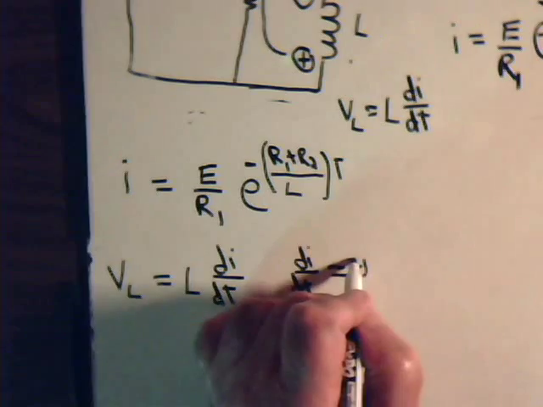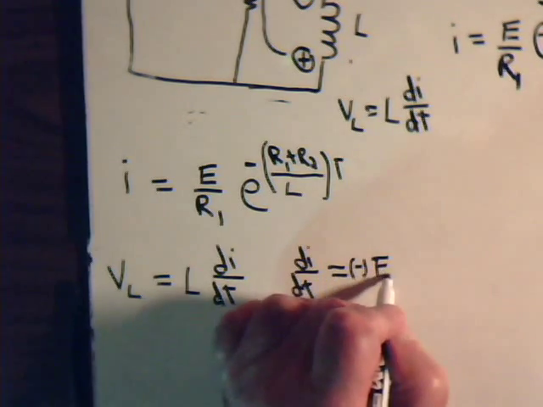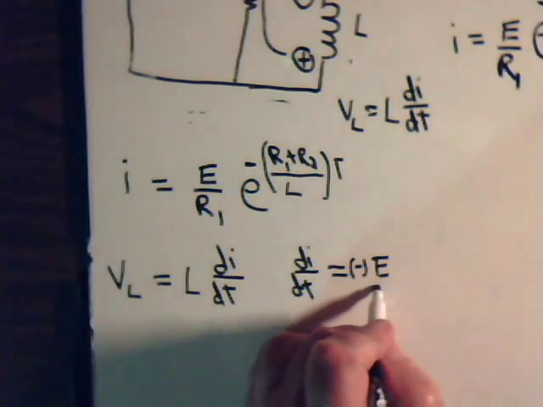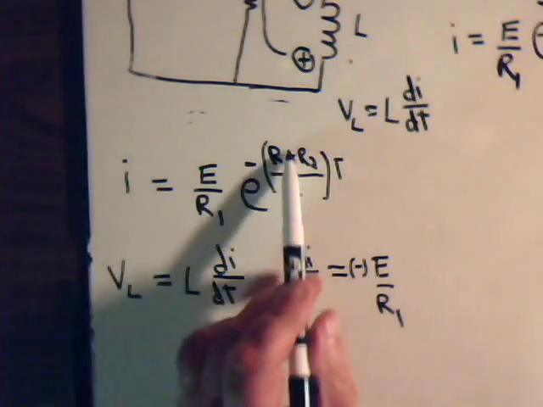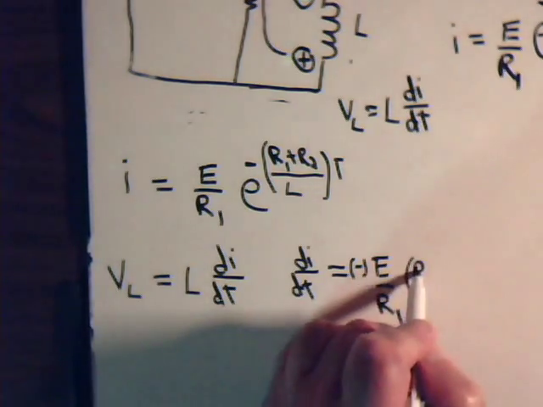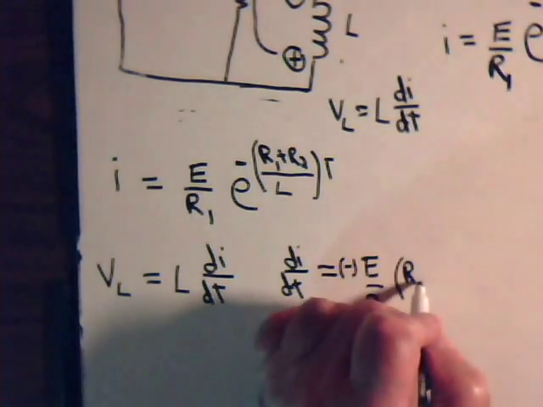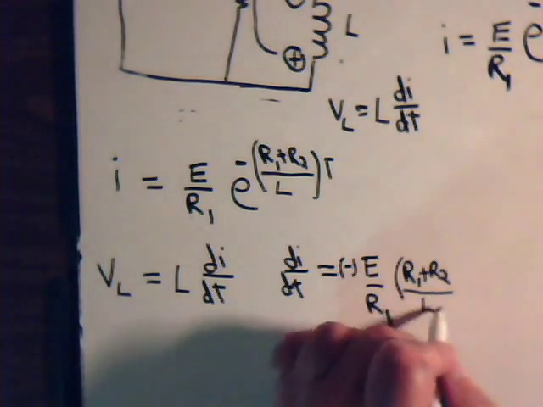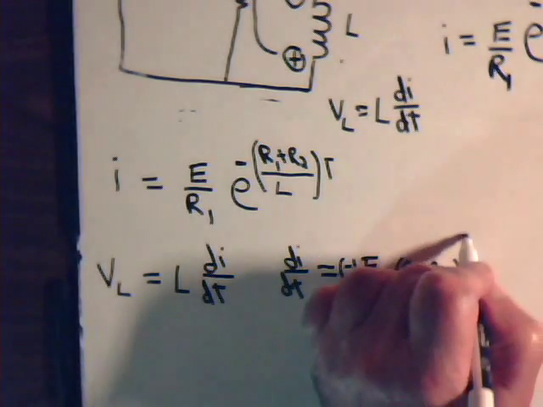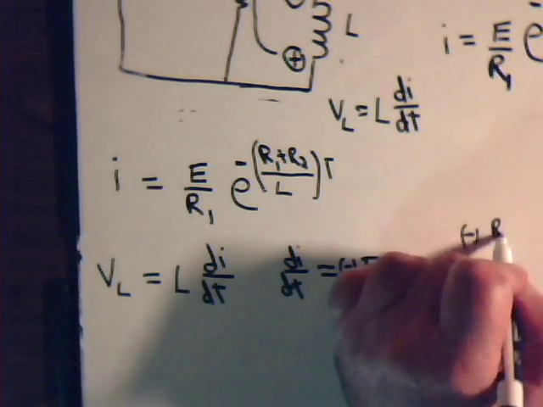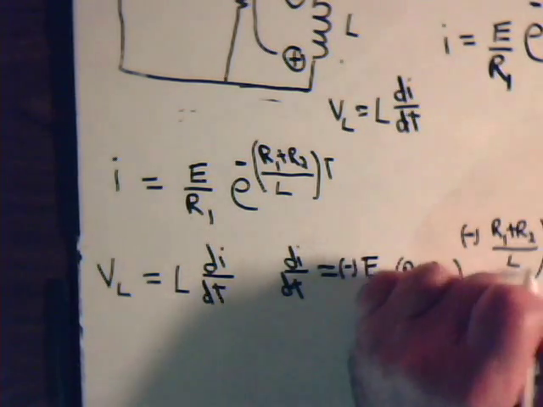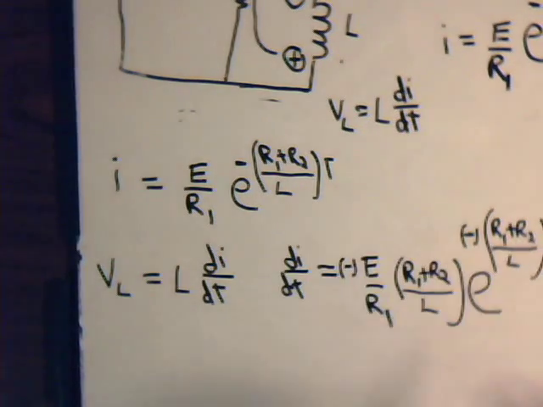So we have minus E over R1 times this, then R1 plus R2 divided by L comes down, times e to the minus (R1 plus R2) divided by L times t. So there's our di/dt.